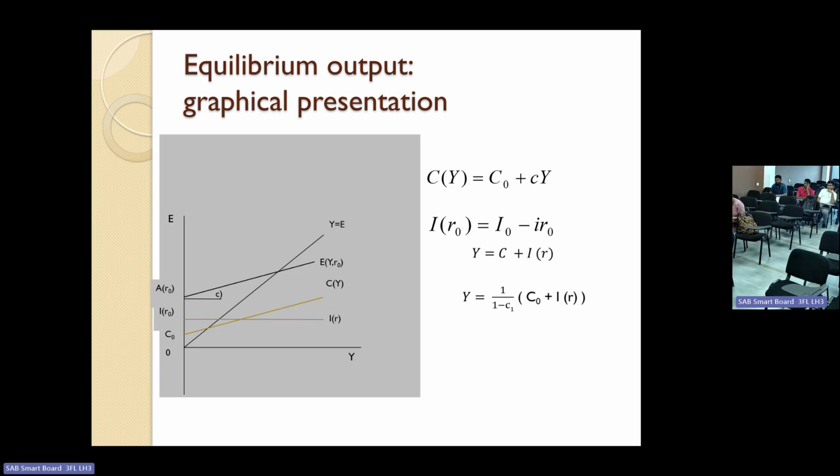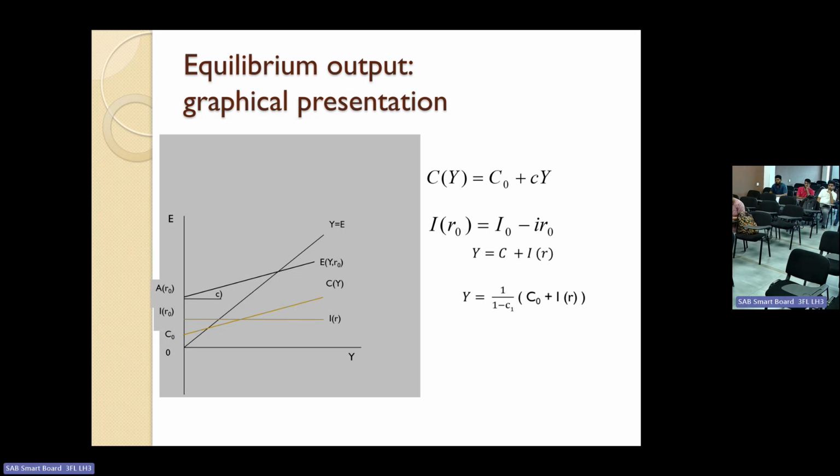So aggregate expenditure is a function of Y and R0, which explains it with respect to income and the interest rate. But our interest rate is an outside variable, and we are not going to take it into account. This will be assumed as given.